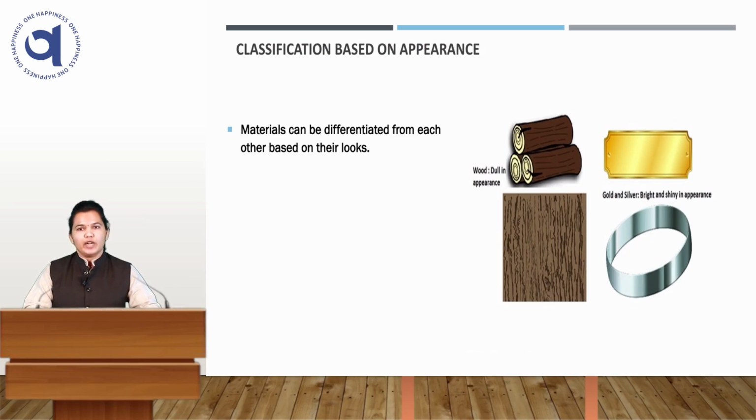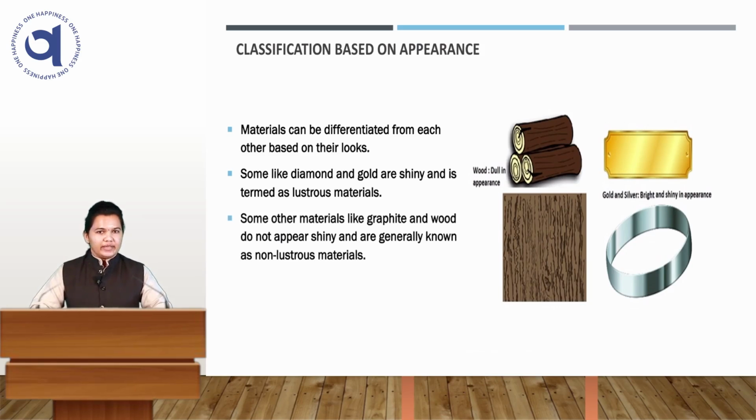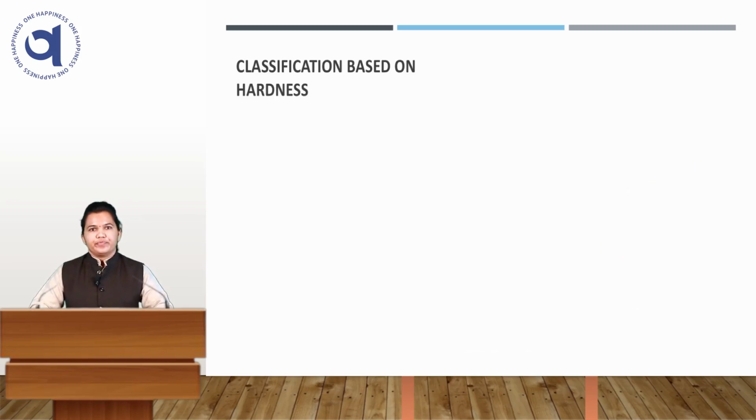Metals are mostly lustrous. Some materials like diamond and gold are shiny and termed lustrous. Other materials like graphite and wood do not appear shiny and are generally known as non-lustrous materials.